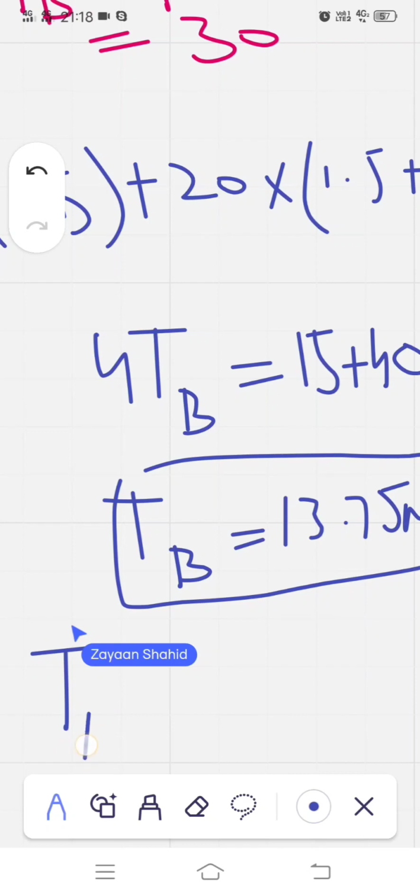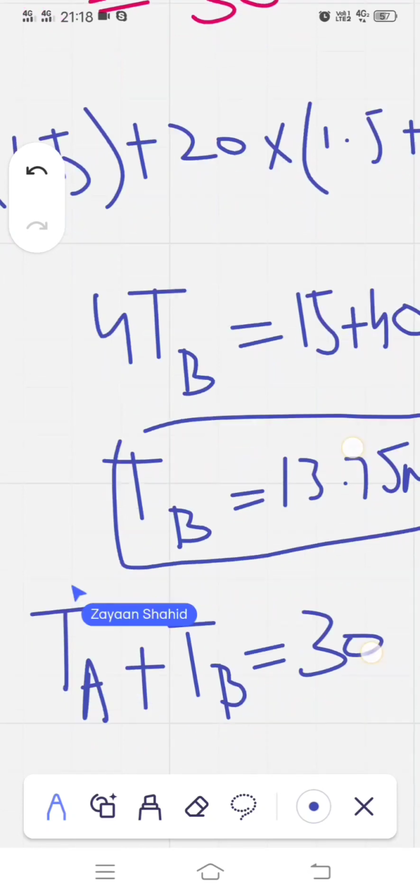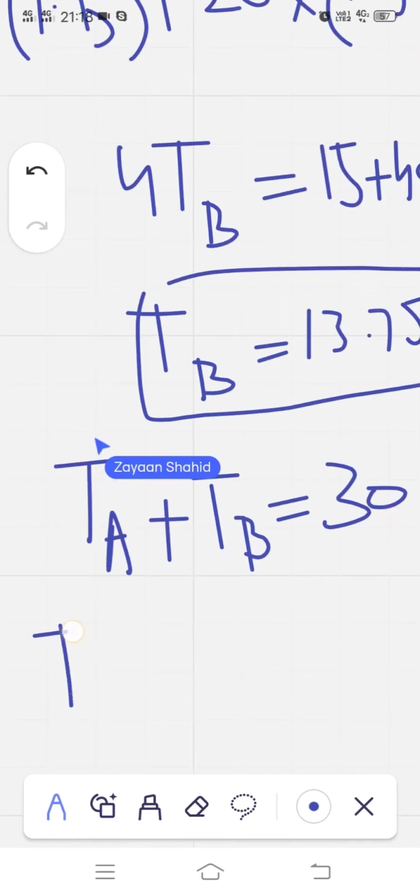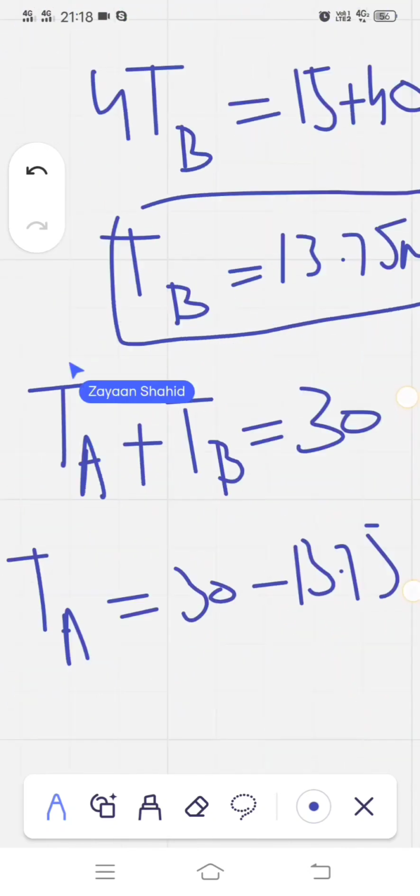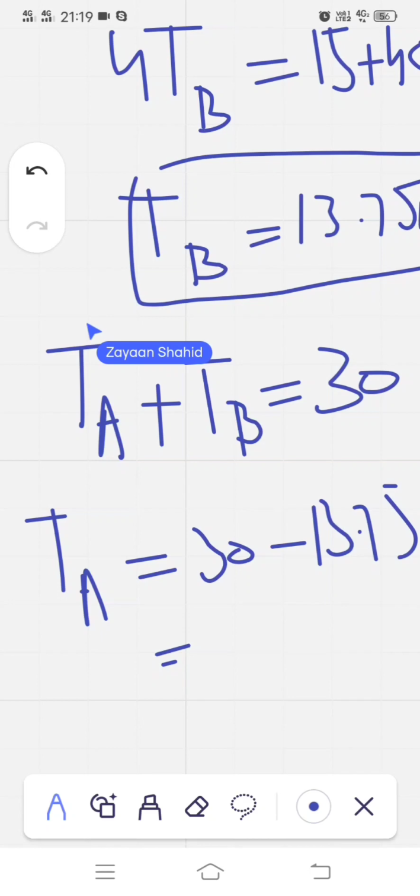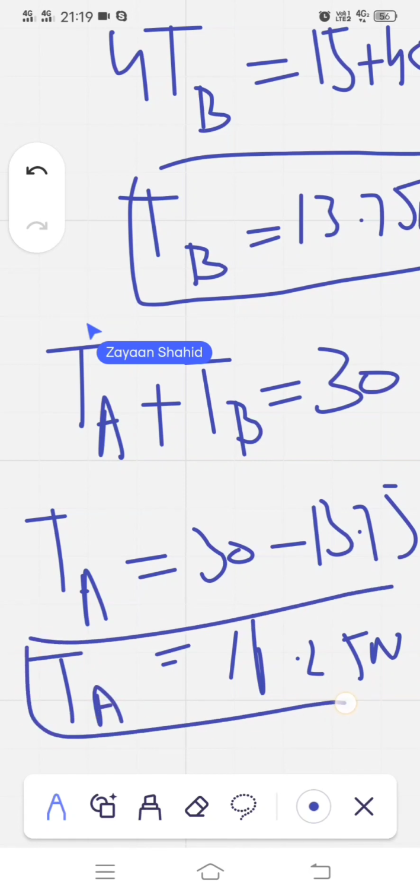TA, tension in the string A, plus TB is equal to 30. So 13.75, TA is equal to 30 minus 13.75. So this will be equal to 16.25 Newton. So these are the tensions in the string A and in the string B.